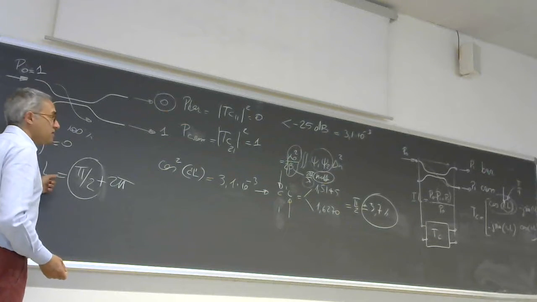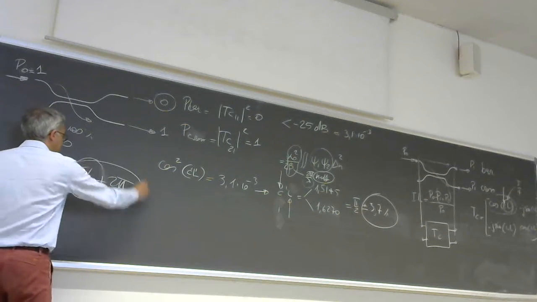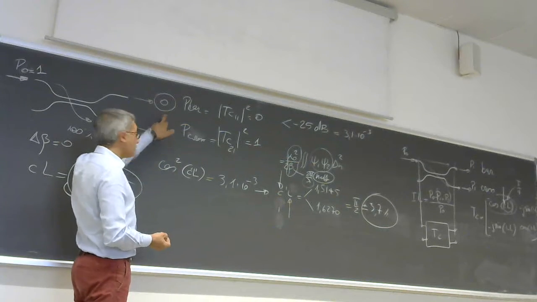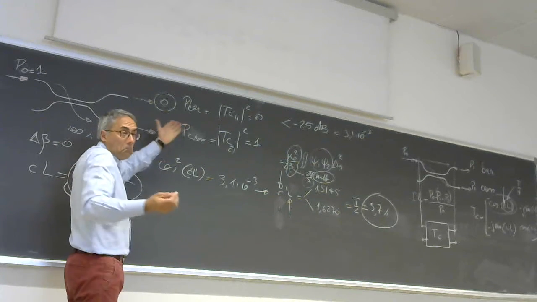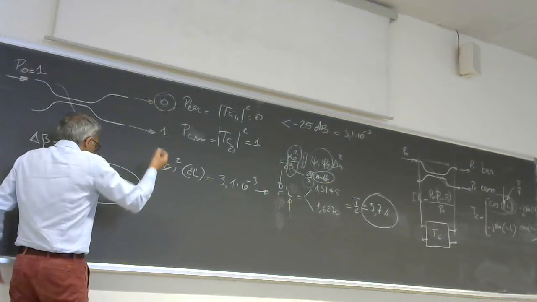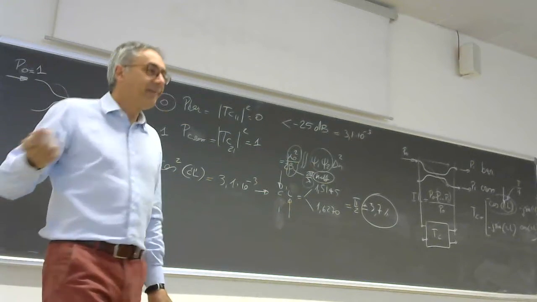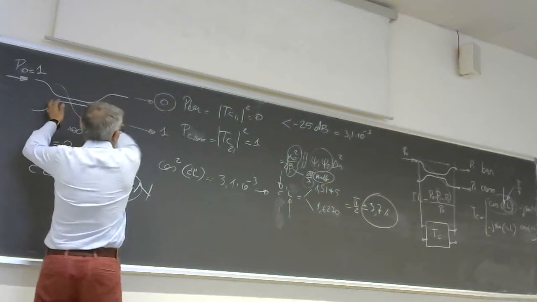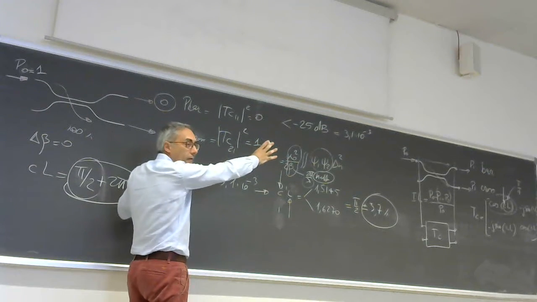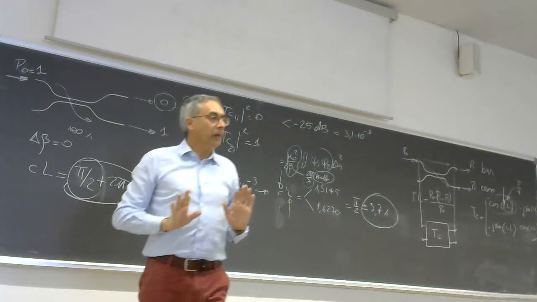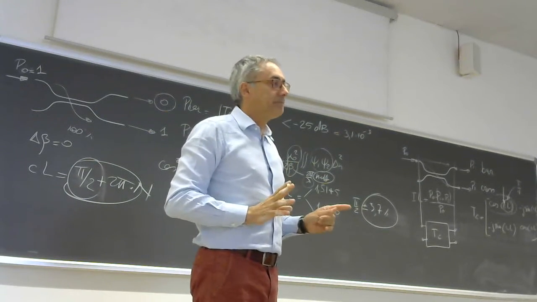If I impose CL equal to this number, I'm still in this condition, 0 and 1. No problem. Or multiplied by n, an integer number, it's the same, no? I can make a very long coupler that performs exactly the same. Is it the same or not? No, it's not the same.